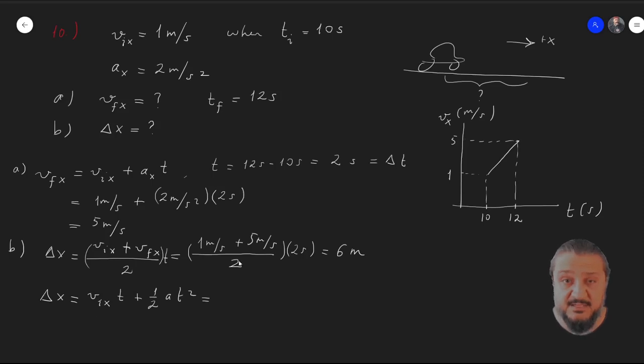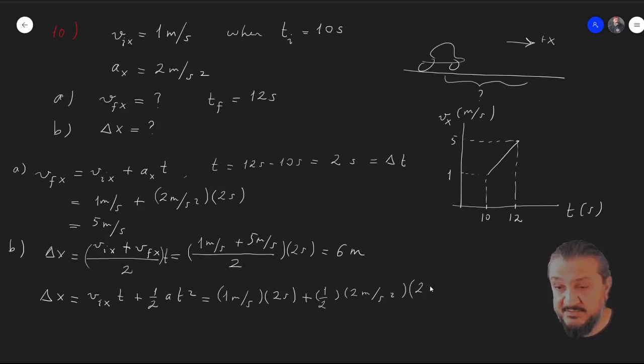Let's check. Vix is 1 meter per second times 2 seconds, that's t, plus 1/2 times a, which is 2 meters per second squared, times t squared. Don't forget the square.